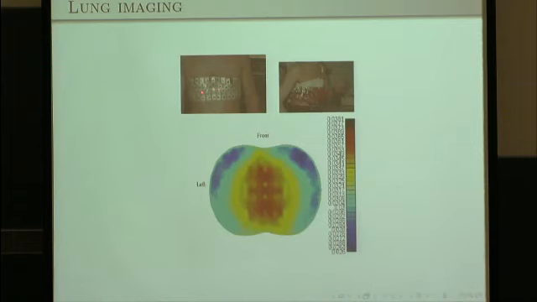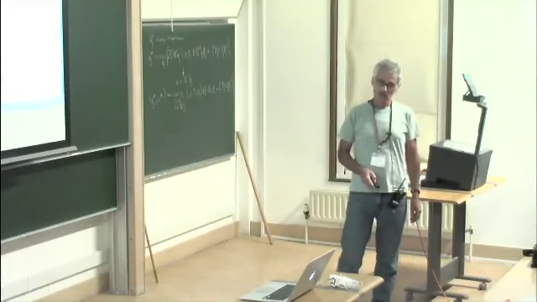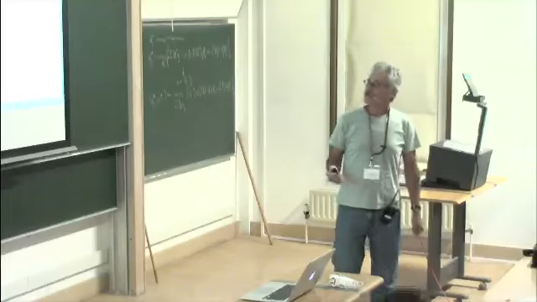There's a belt of electrodes, and different experiments are produced by using different combinations of sources and receivers. Here's the same person connected to electricity, and this is the resulting imaging of the lungs.